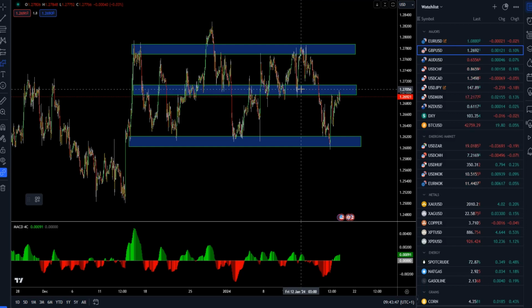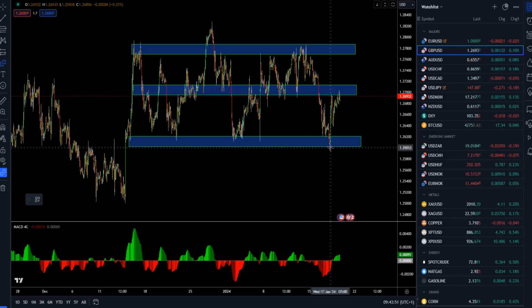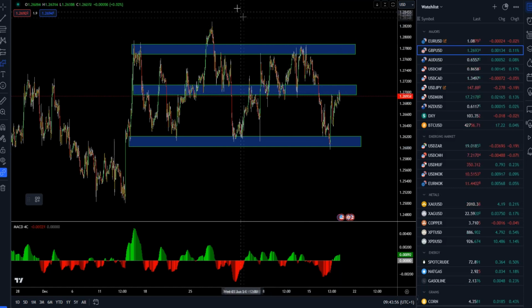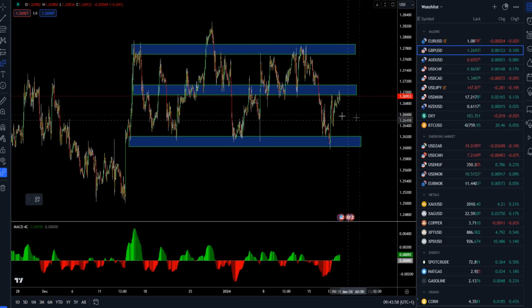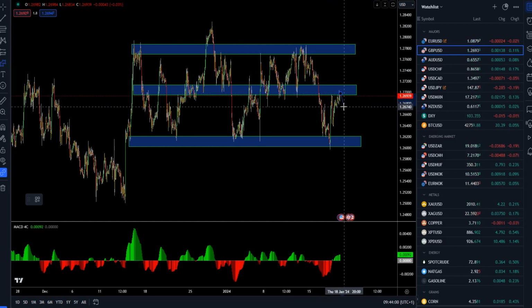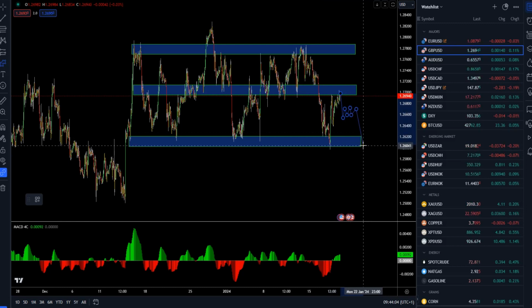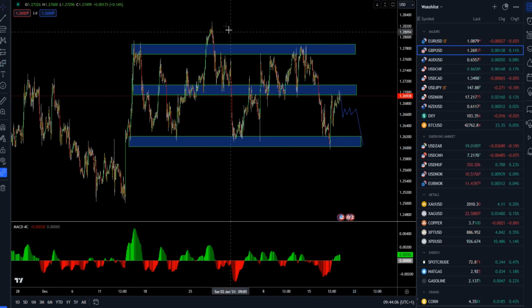And it seems like the resistance is set at around 1.2700. So at this point we have a support at 1.2600 and resistance at 1.2700. Now two scenarios. Let's speak about the downside scenario. It will be if the market can reject from this area and hold below and then eventually retest again 1.2600 area.